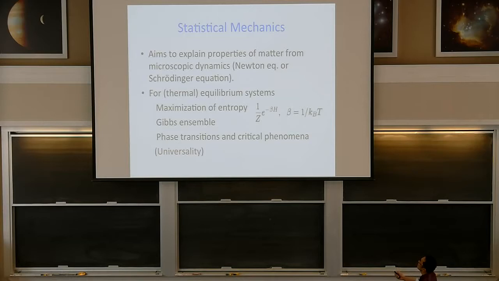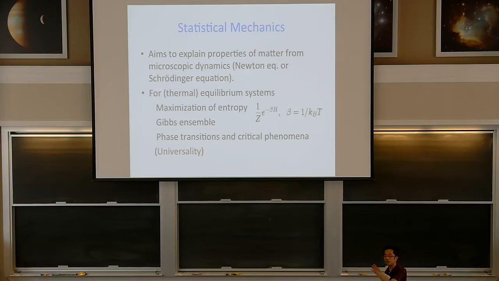Of course, matter consists of atoms and electrons, very tiny objects, which are not really described by Newton's equation, so we have to use the Schrödinger equation. But from the point of view of statistical mechanics, in which we want to explain large-scale behaviors from microscopic degrees of freedom, in many cases we can use either of them.